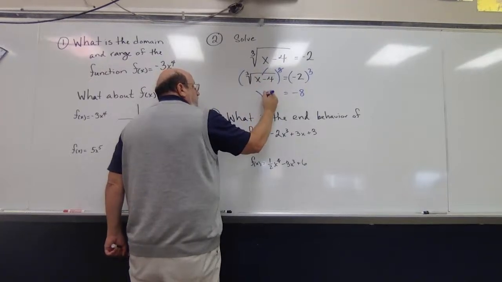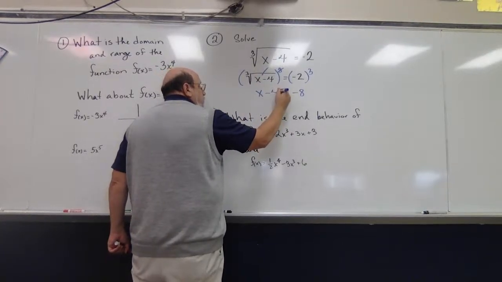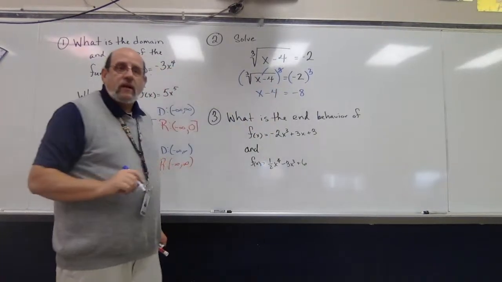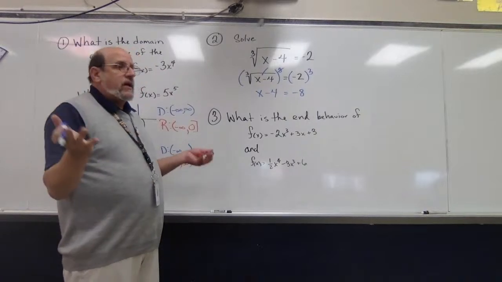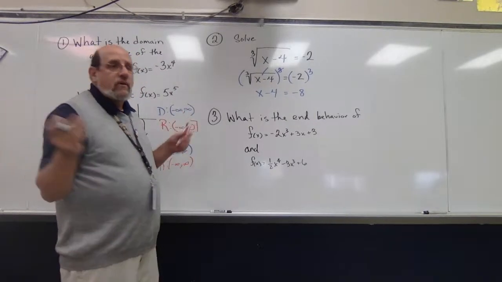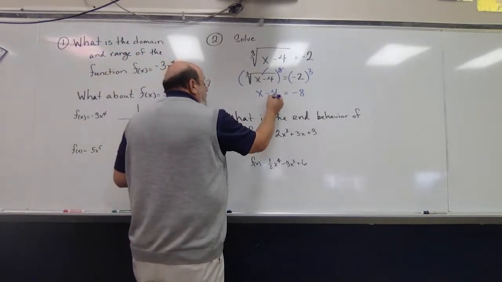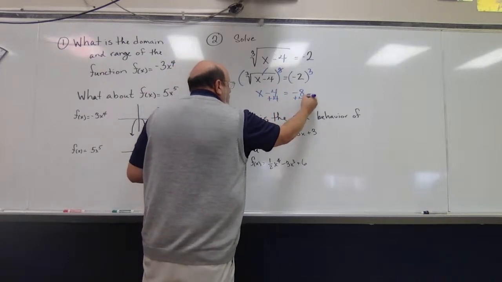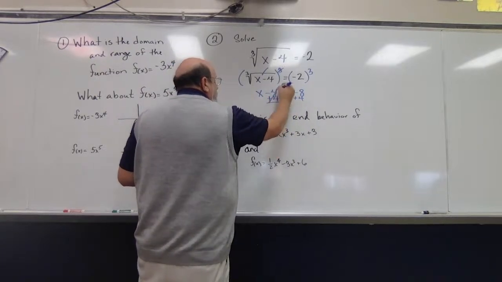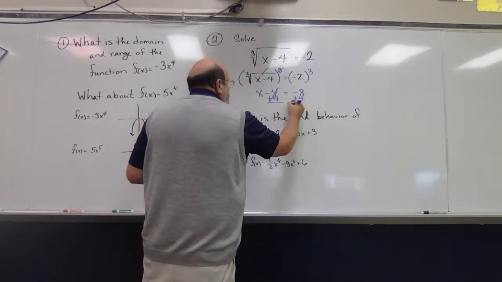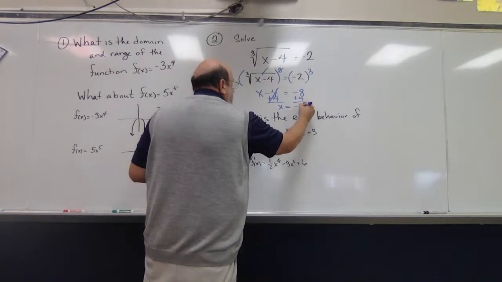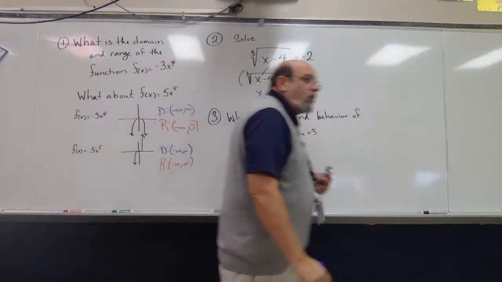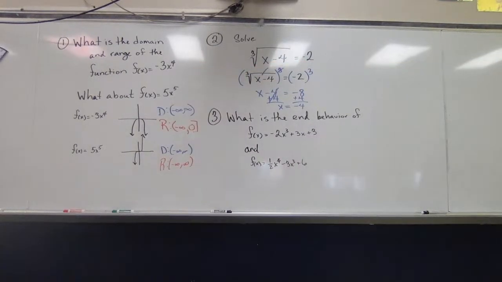So all I have left is x minus 4, right? And I just want to get x by itself. So what do I do? Add that 4 back. Add 4. So we have x equals -4. And you have your answer. Okay. Cool.